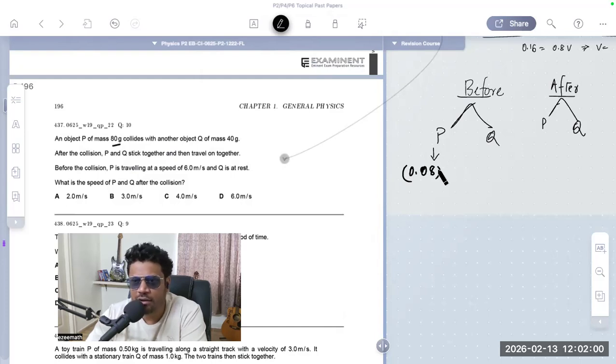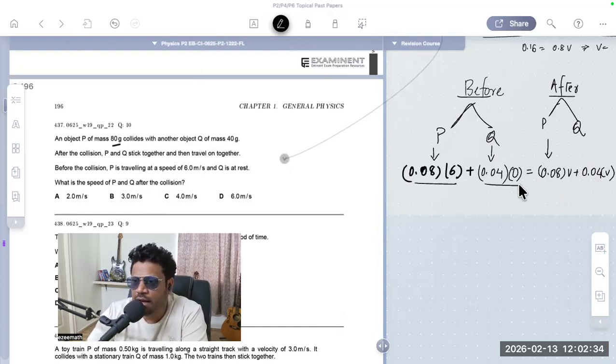It's just a good practice, although you will end up with the right answer in this question, at least with grams there. Mass into velocity of P, 6, plus mass of Q, 0.04, into Q is at rest initially, should be equal to the mass of P into velocity of P plus mass of Q into velocity of Q. Since they're moving together, the speed is going to be the same.